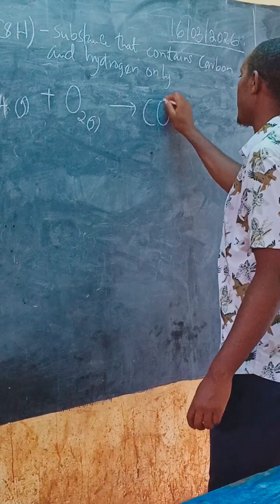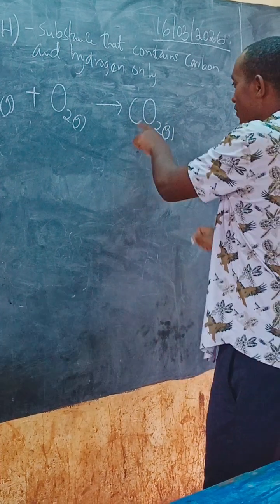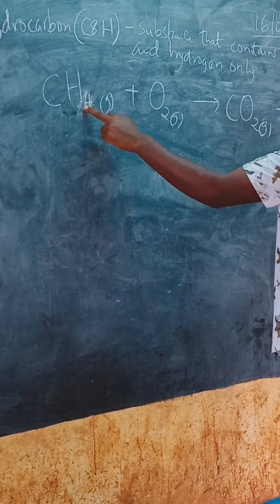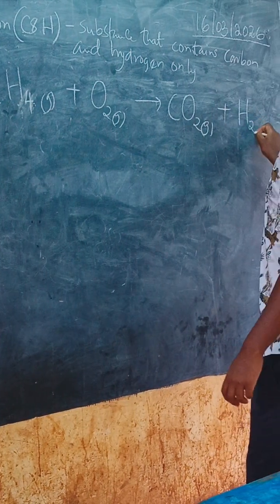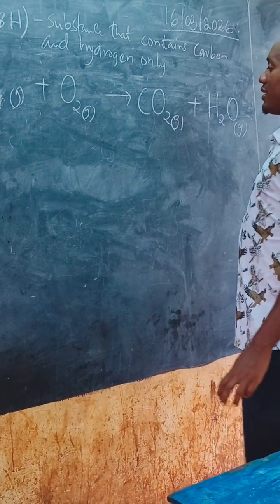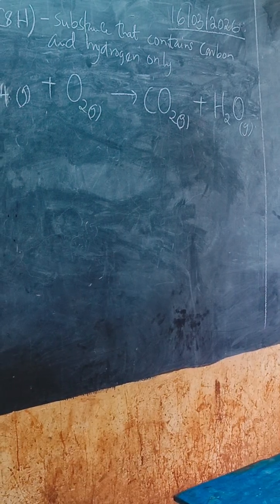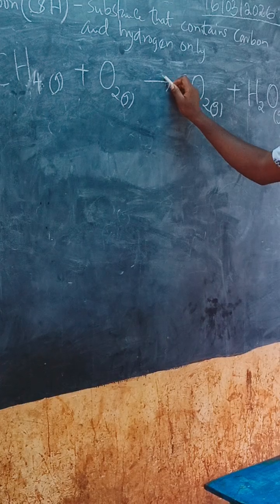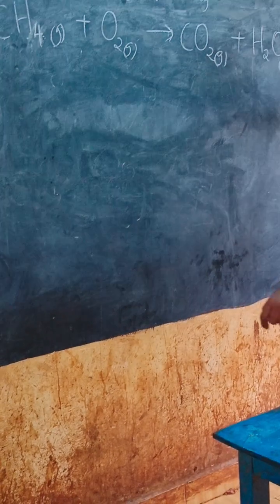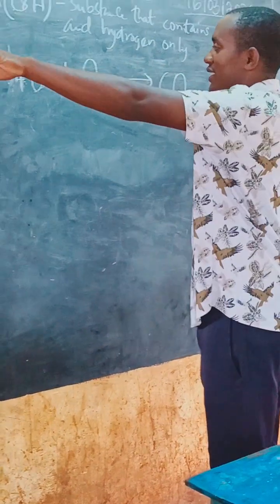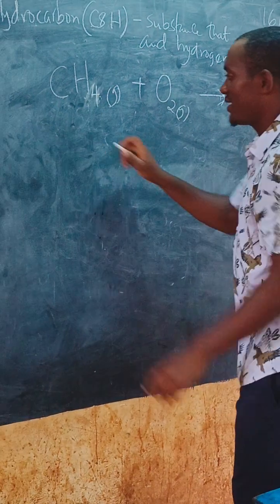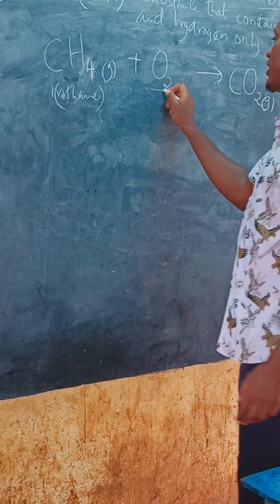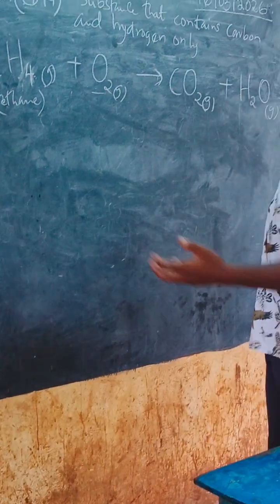It's going to give carbon dioxide gas because of carbon in the hydrocarbon, plus water because of hydrogen there. So the equation is that way. Balancing it, carbon is 1, here is 1. This is an arrow. To the right is the product, to the left is the reactants. Methane is the reactant with oxygen that propels combustion.